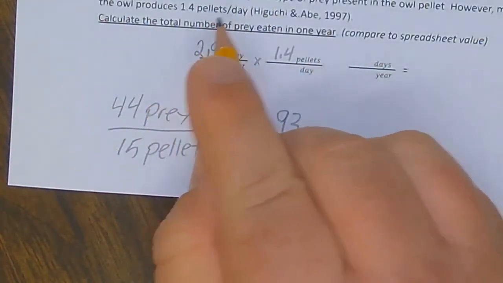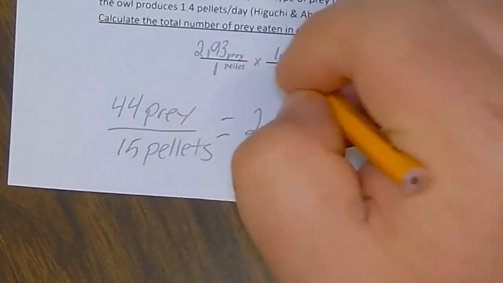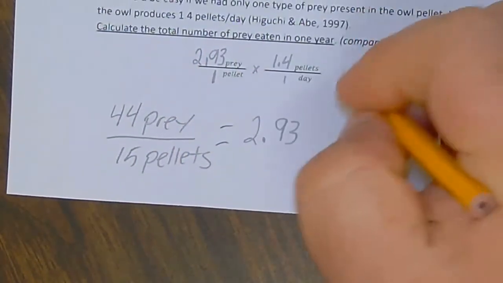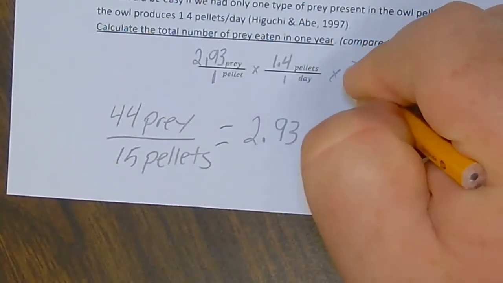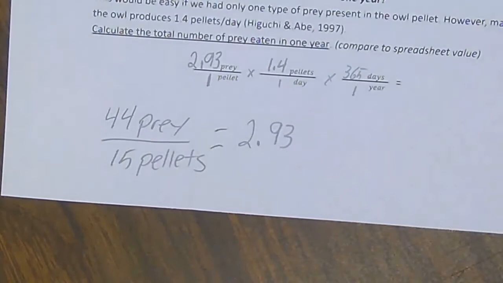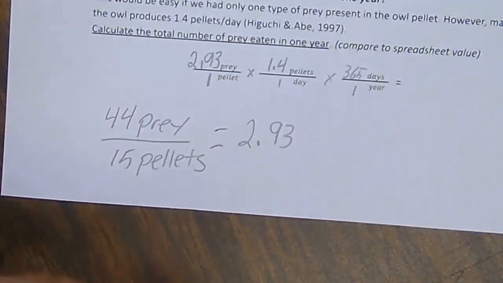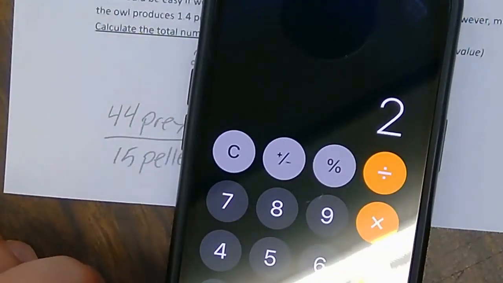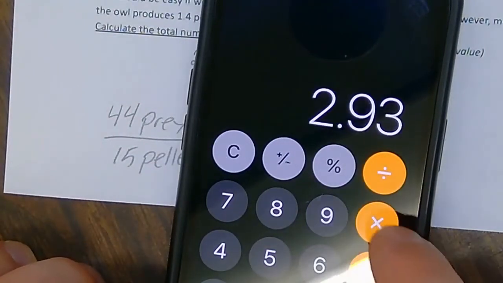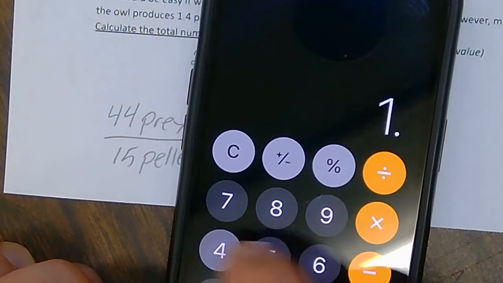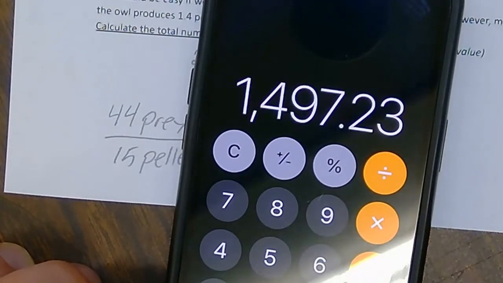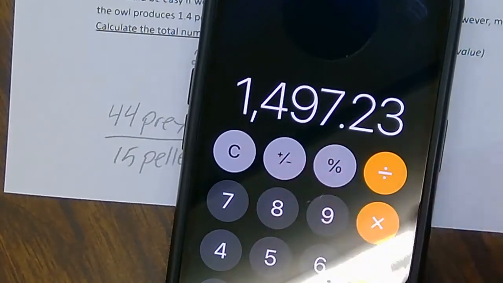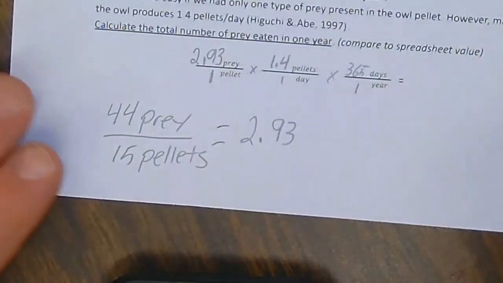I got that from right here, per 1 day, and then times 365 days in 1 year. So if we look here, we do 2.93 times 1.4 times 365 equals 1,497.23.